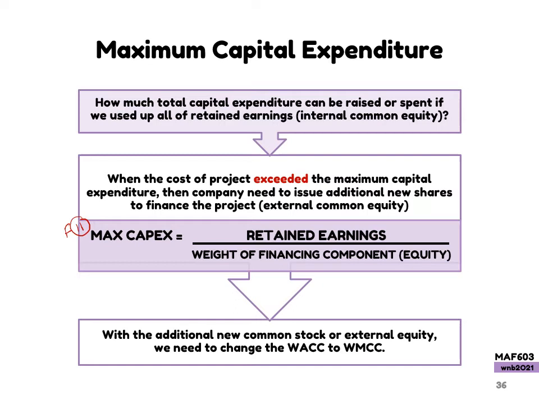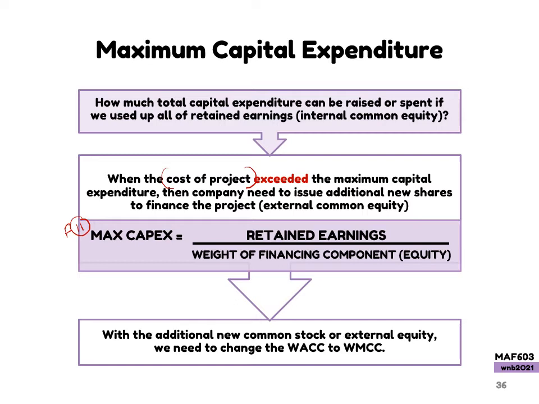Dah dapat cari maximum capex, we are going to compare with the cost of project. Let's say the cost of project yang baru nak take up tu exceed the maximum capex. It means that the company needs to issue additional new share to finance the project.